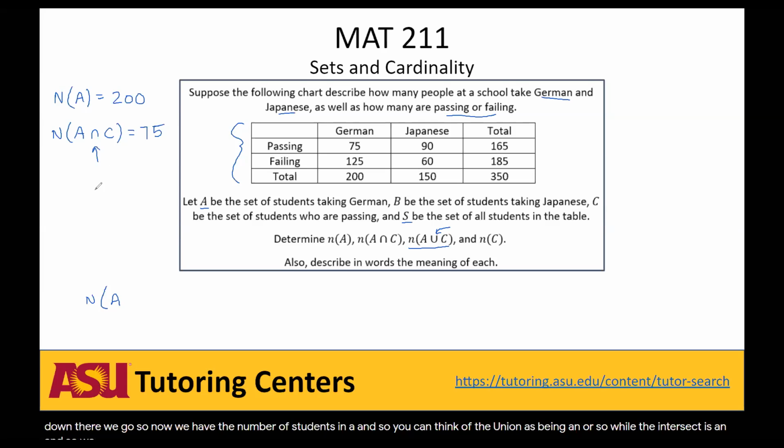So we said number of students in German and passing; in this case, with a union, it's the number of students who are in German or passing. So let's write that.